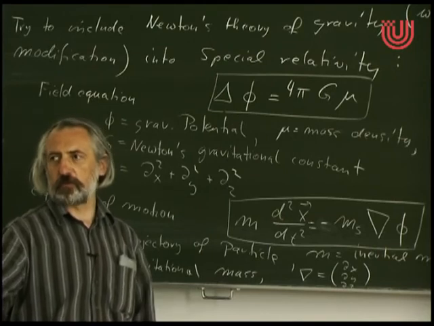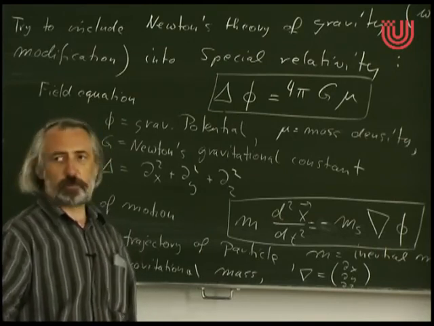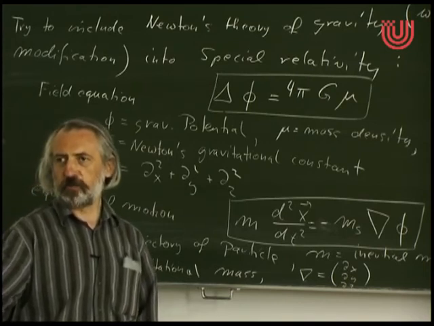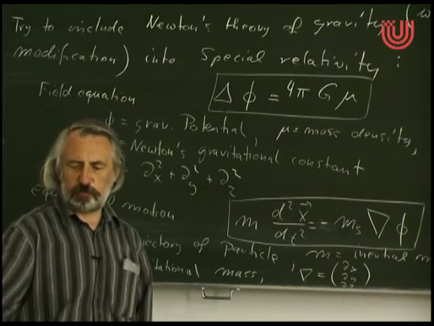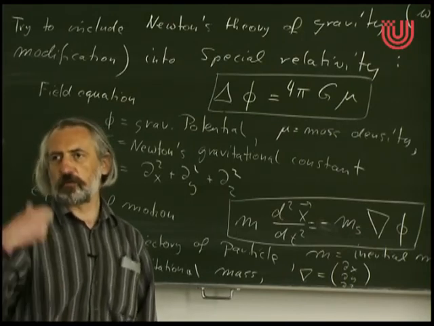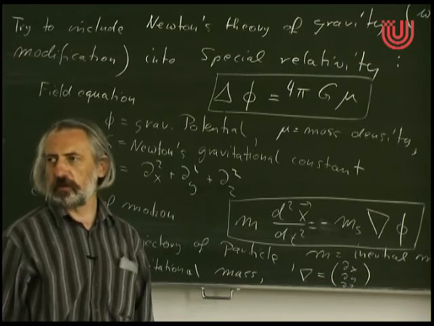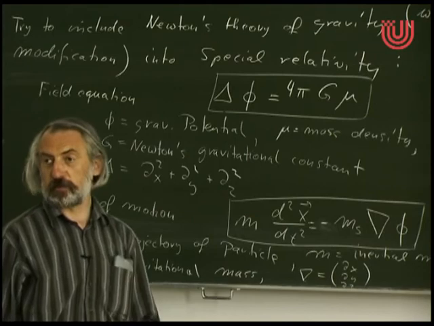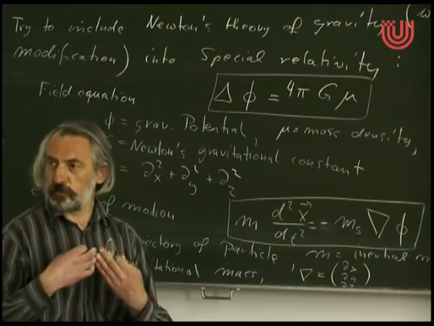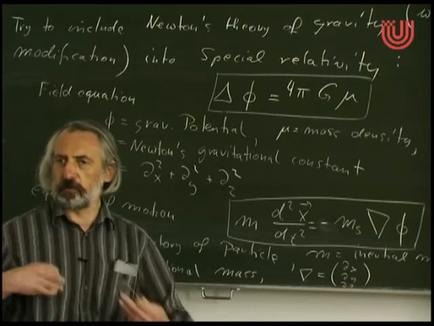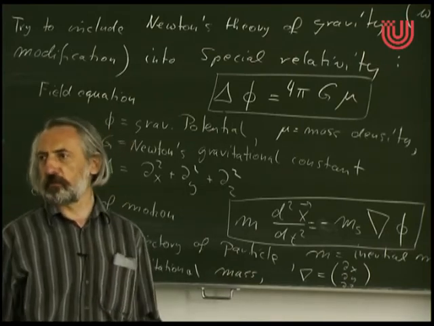That's an obvious contradiction to the fact that, according to special relativity, superluminal velocities are not allowed for signals. I could send a signal just by moving a mass here, and you measure the gravitational field back there, and we have a signal which travels with arbitrarily large speed. If you replace this by the wave operator, then we know how waves propagate. They propagate with c, if it's the usual wave operator. So the signal would propagate with c, and everything would be fine.